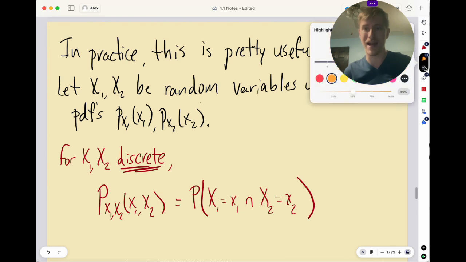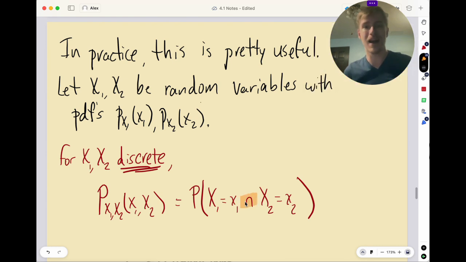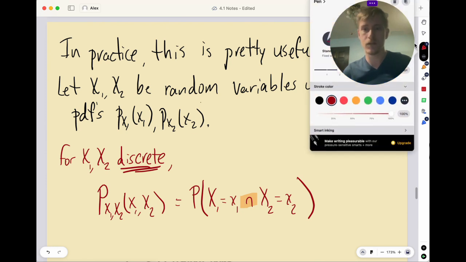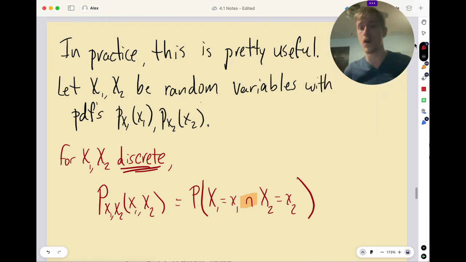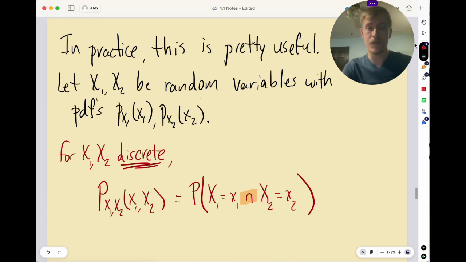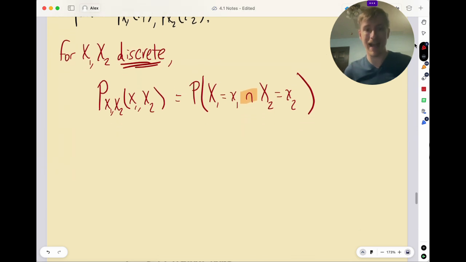I'm going to highlight this intersection symbol, because if x1 and x2 are independent, that means that for any little x1 and little x2, we must have that this is equal to the probability that X1 is equal to x1 times the probability that X2 is equal to x2.